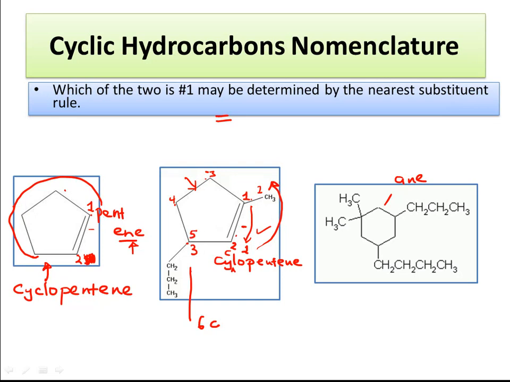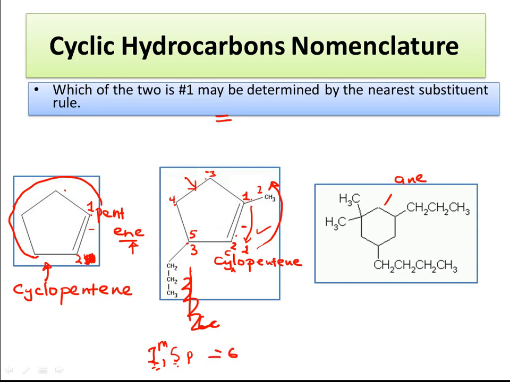If we look at the two ways of numbering this that I've come up with, I'll end up with locate numbers such as 1 methyl and 5 propyl for this one. 1 methyl, 5 propyl. If I add these locate numbers, they add up to 6.